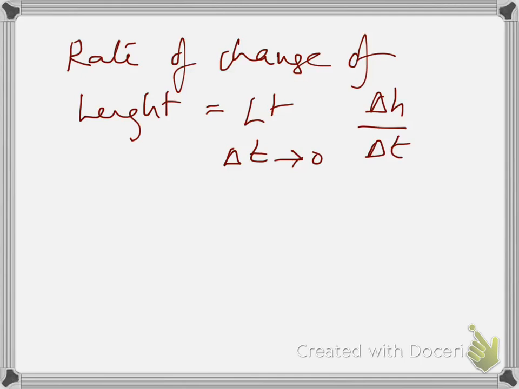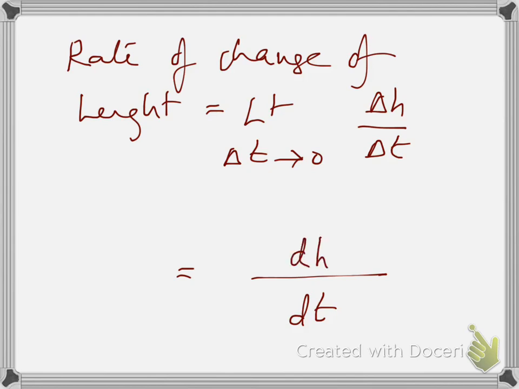Now because delta t is tending to 0, the denominator we can replace it with dt. Just now I told you when some variable tends to 0, you can write d of that variable. So if delta t tends to 0, you can write it as dt. If delta y tends to 0, change in y tends to 0, you can write it as dy. Okay, so denominator is dt, but numerator I am writing as dh.